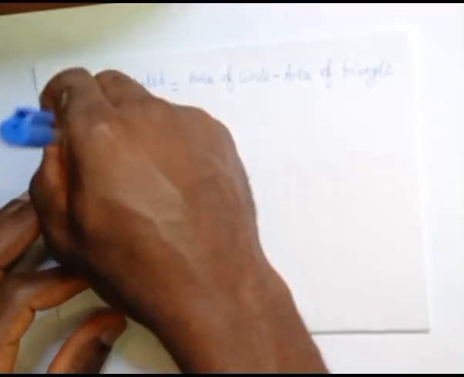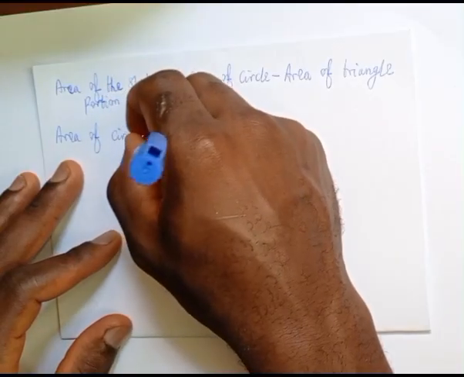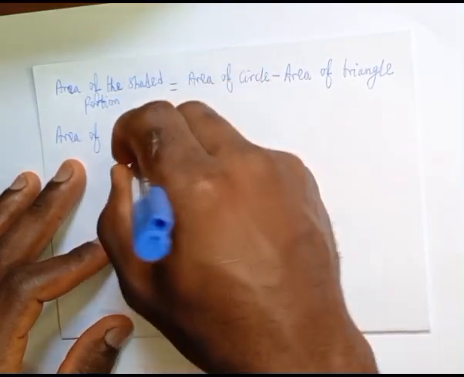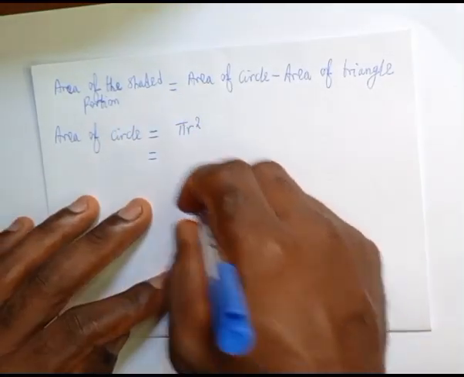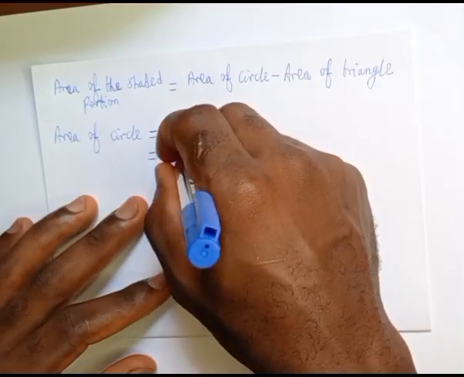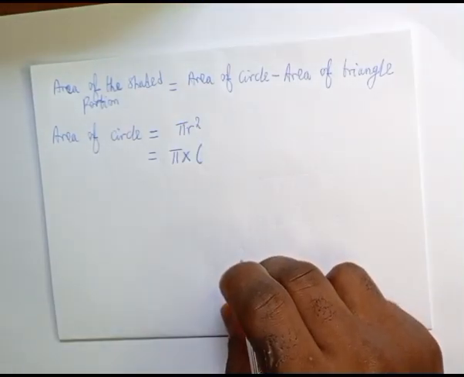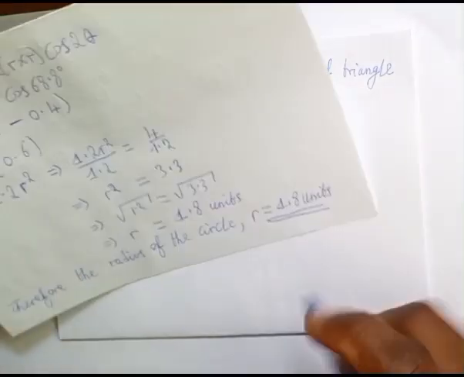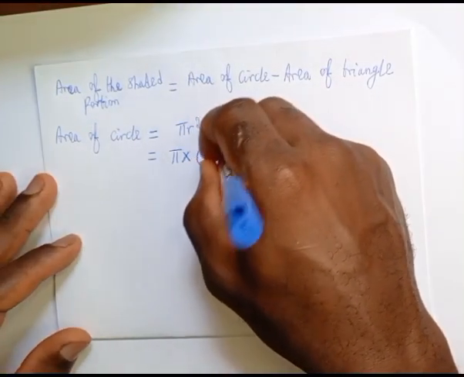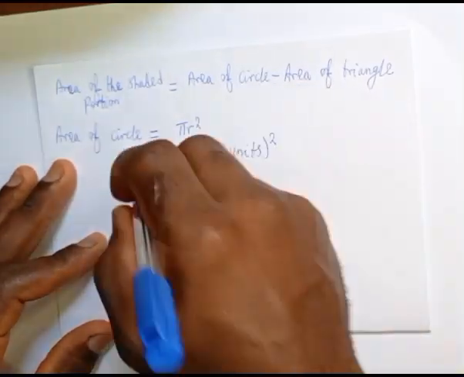The area of the circle is simply equal to pi r squared. The radius, from calculating the radius, is 1.8 units. We square this.